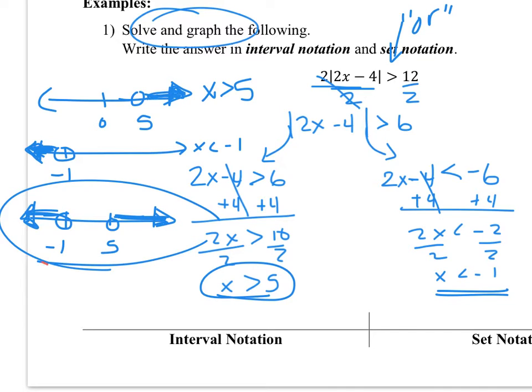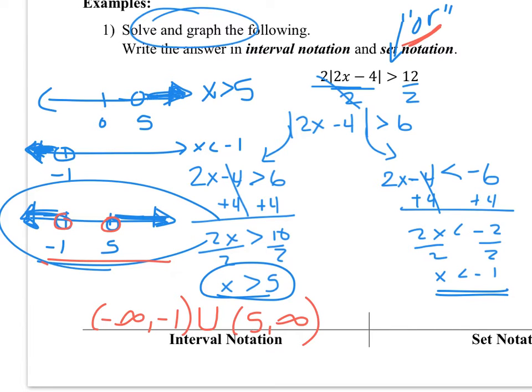So to write this in interval notation, we simply go from negative infinity to negative 1, and from 5 to infinity, all parentheses because we have open circles, and we're going to infinity. And since it's a greater than or an or equation, or inequality, we do that.